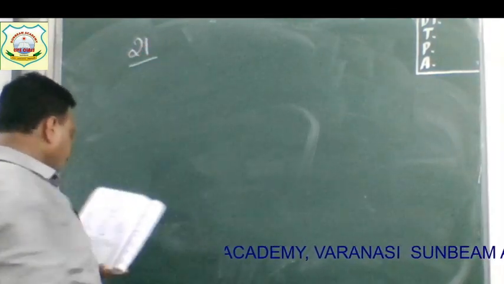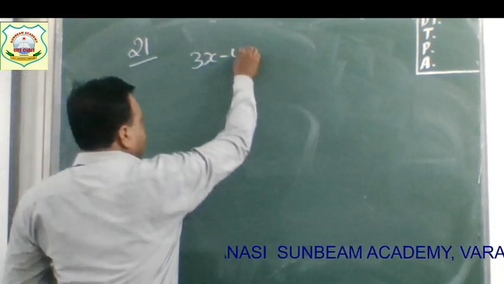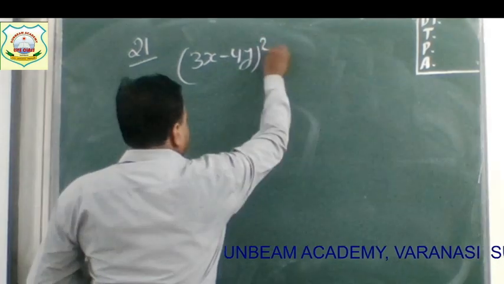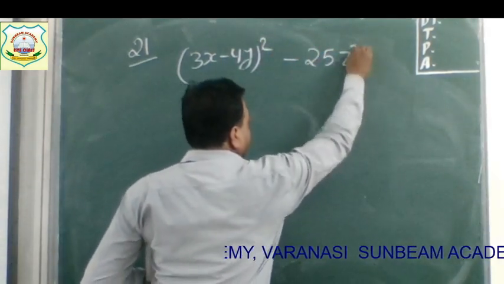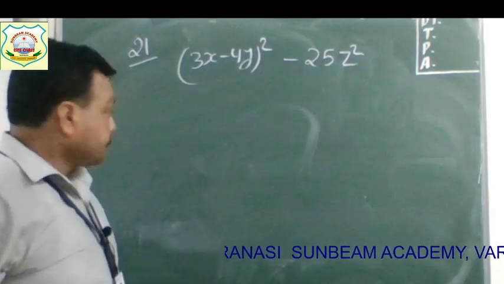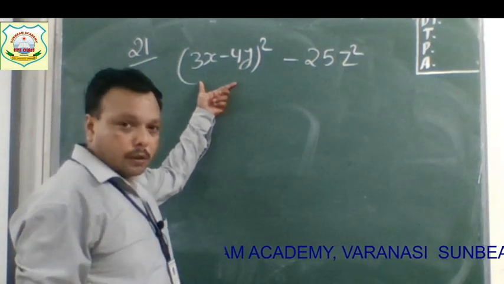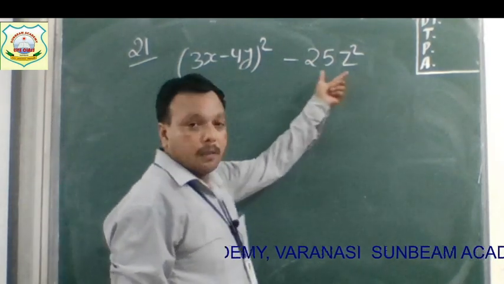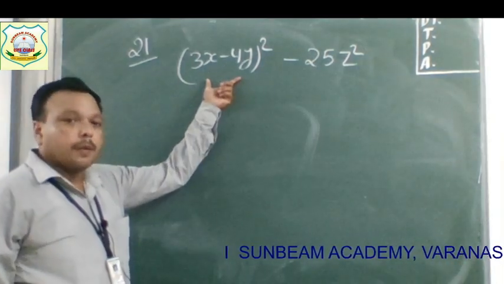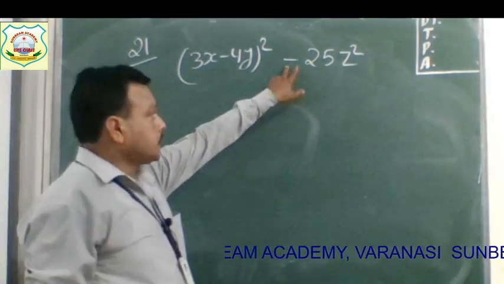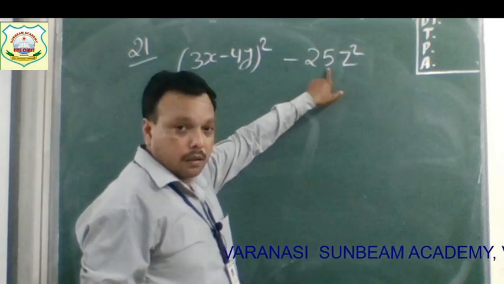Question number 21 is given: (3x minus 4y) whole square minus 25z square. Students, everyone can see it. (3x minus 4y) whole square is in the form of a square, minus 25z square, which should be in the form of b square.